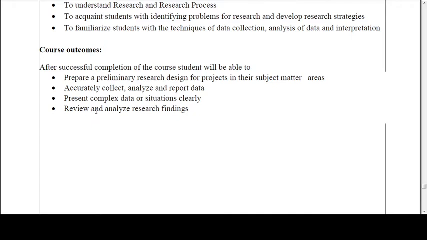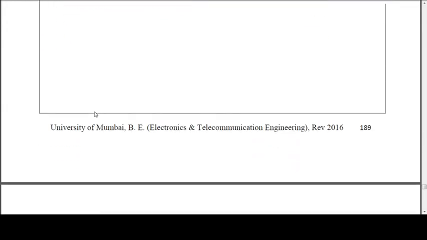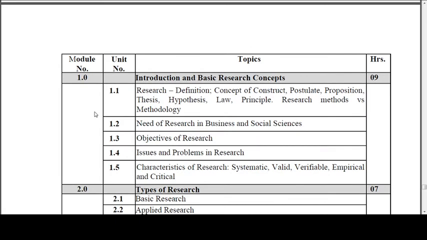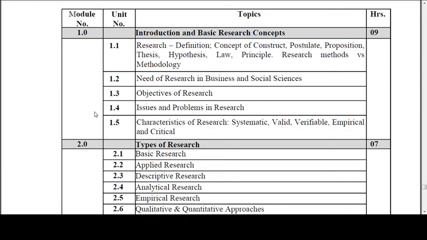All these benefits will be very helpful to your project stage 2, how to write the report and how to take a review of any project. So this subject is very helpful.